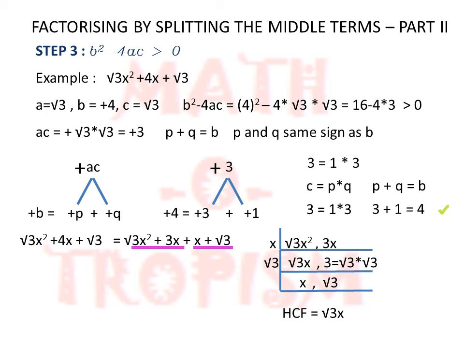When I remove that, it comes to root 3x, comma. Since there is a root 3 in the first one, I will split the 3 into 2 root 3, so root 3 into root 3 I will write. So first term is also having a root 3, second term is having 2 root 3. So there is a root 3 common.